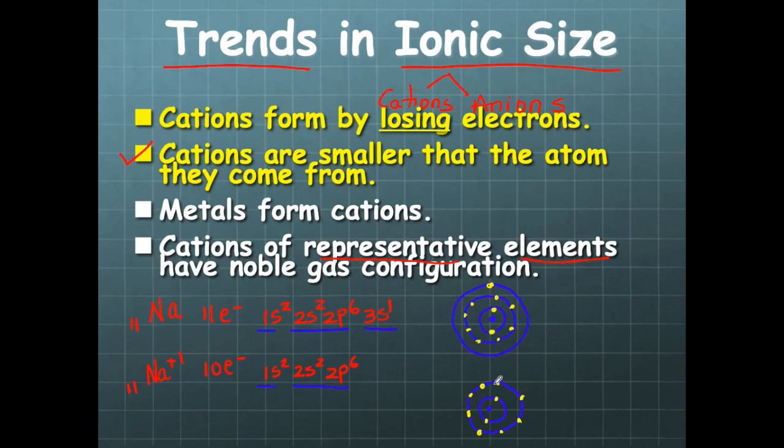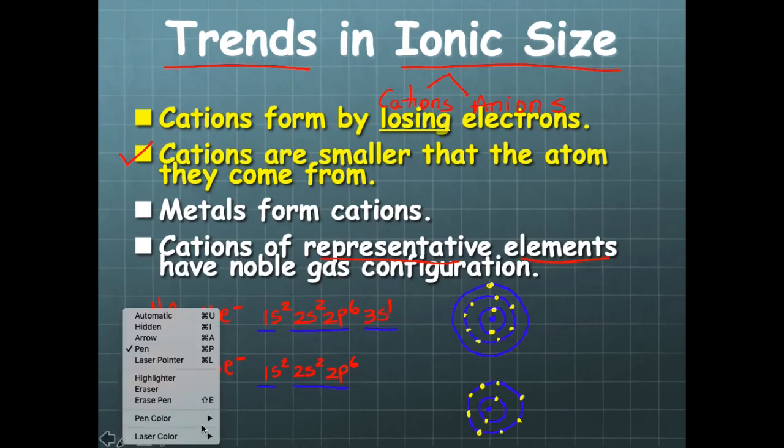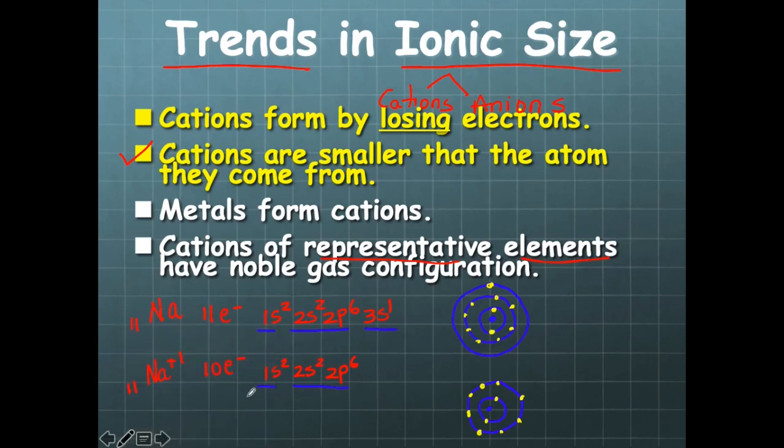Okay, so now let's compare the size of these two, this atom to this ion. So we can see that this one has a third energy level and is bigger in size as compared to this ion, which has lost its electron in the third energy level and now only has two energy levels.